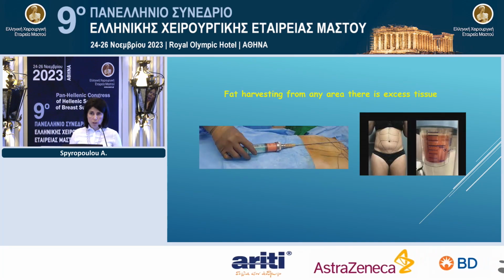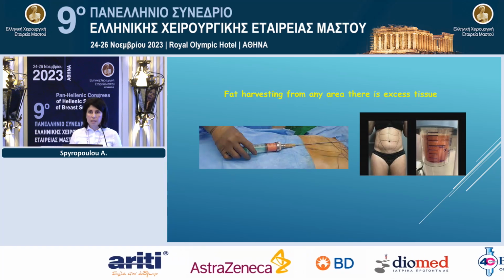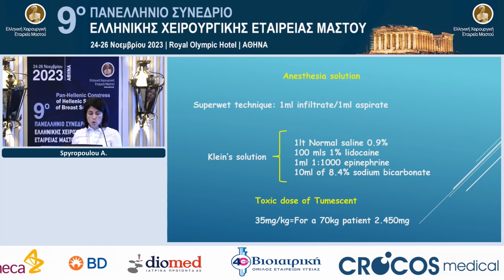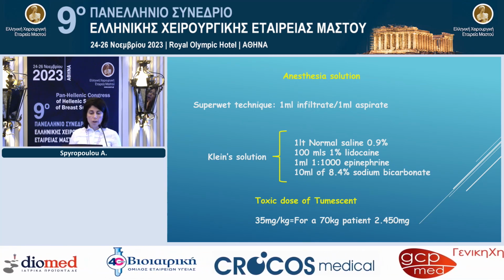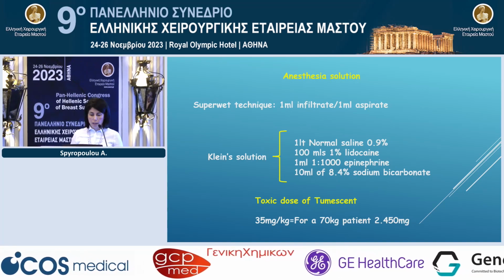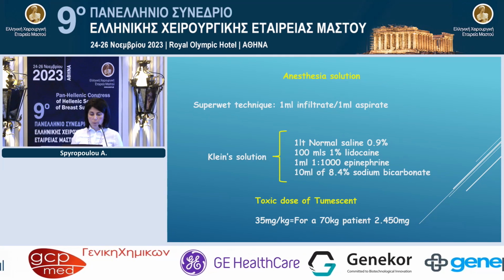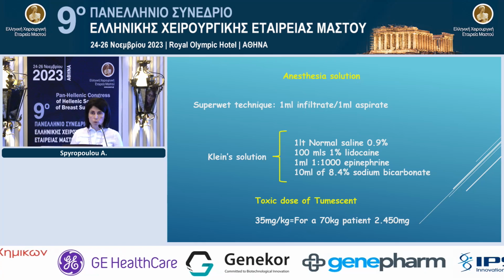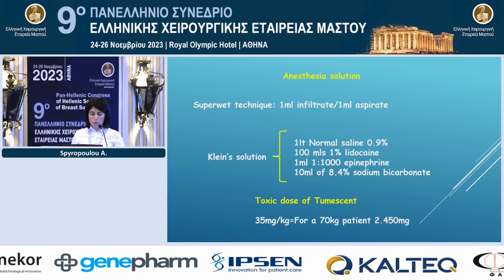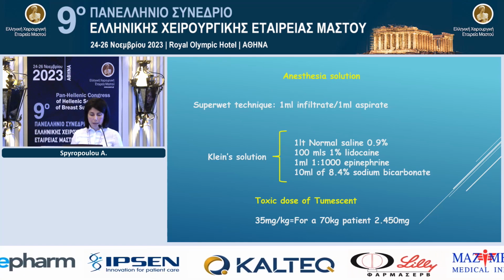So you can harvest fat from any area where there is excess tissue, and we use Klein solution as the anesthesia solution, that is 1 liter of normal saline with 100 mLs of 1% lidocaine, 1 ml of 1 to 1000 epinephrine, and 10 mLs of sodium bicarbonate. The toxic dose of this solution is 2,450 milligrams.